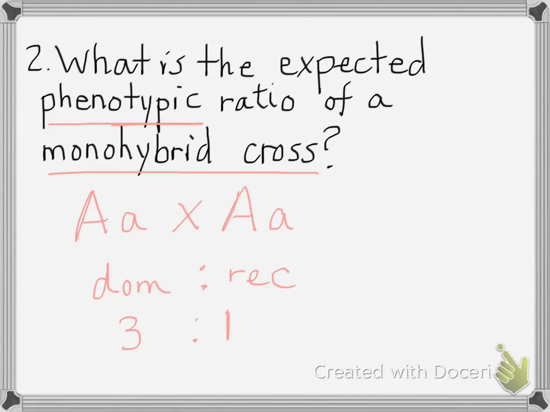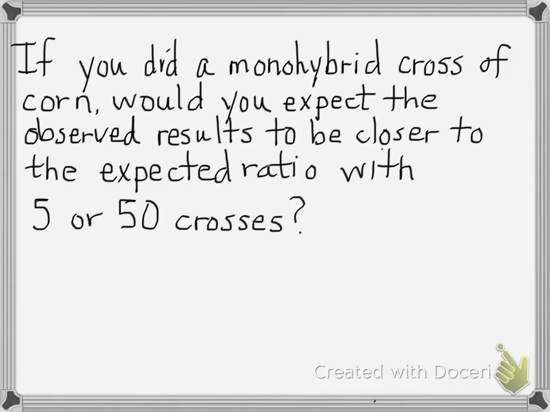But look at the second part of number 2. If you did a monohybrid cross of corn, would you expect the observed results to be closer to the expected ratio if you did 5 corn crosses or 50 corn crosses? 50, I agree. Why is it 50? Larger sample size. Are larger sample sizes good in science?